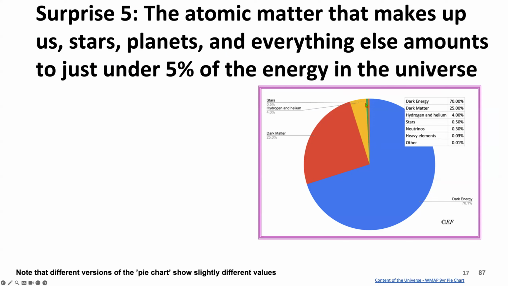That's that slice. And then there are other smaller species, exotic particles called neutrinos and so forth. Everything we see in the physical universe is in this slice, and it represents 5% of the universe.